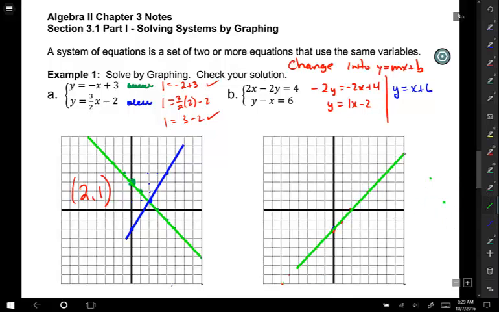Struggling with drawing my line here. All right, my second one, x plus 6. 1, 2, 3, 4, 5, 6. 2, 4, 6. My slope is 1. Draw my line.